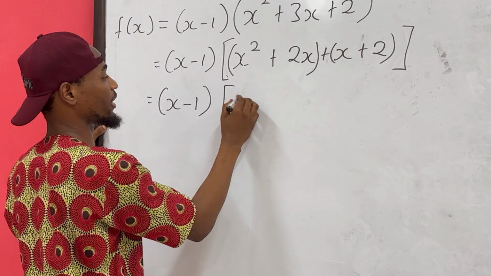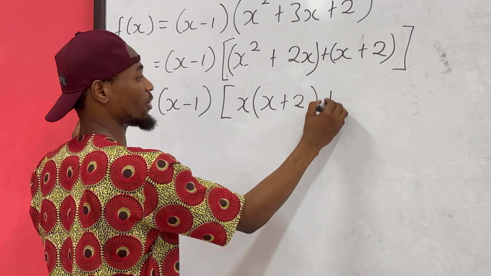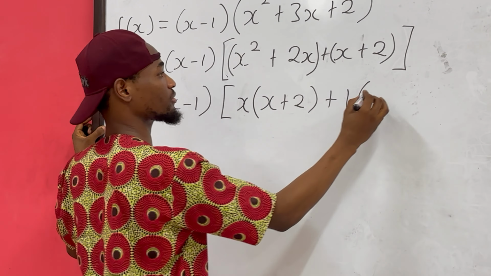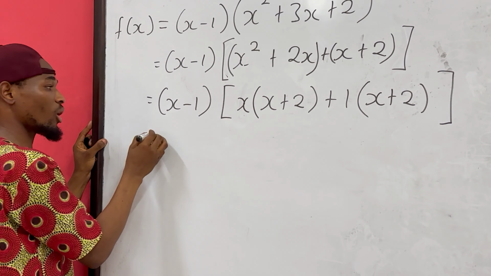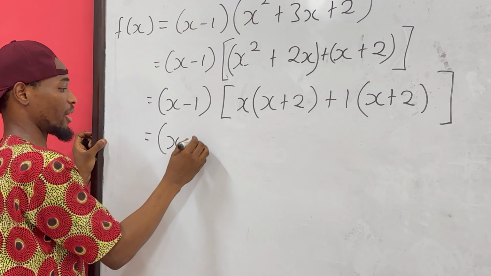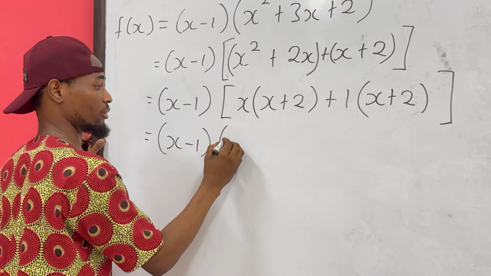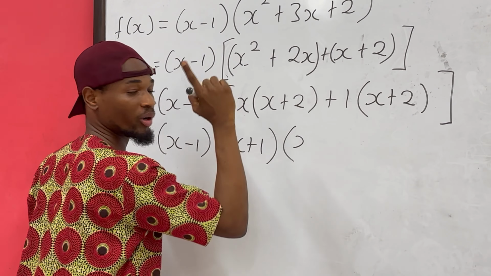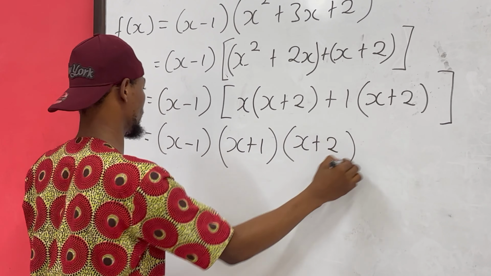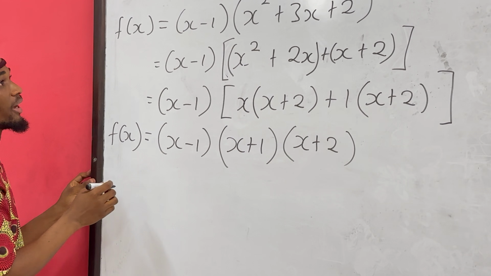So we have x, then x plus 2, then plus 1, and x plus 2 this way. So I'll have x minus 1, then x plus 1, then since they are common, pick x plus 2. This is your f of x.